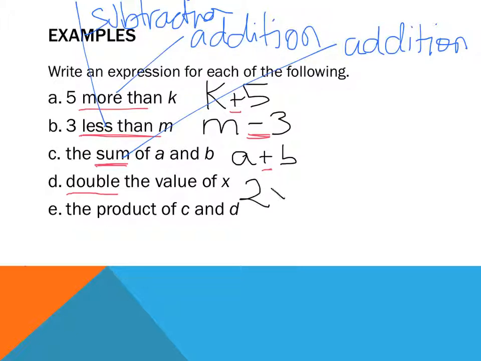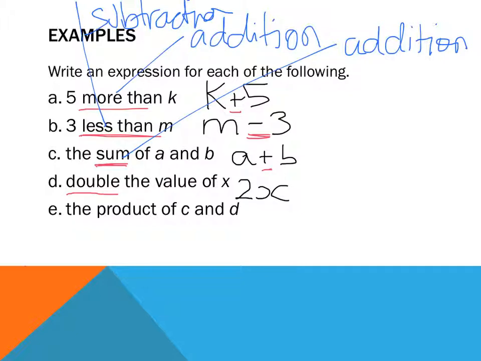So 2 times X. I really hope a few of you are sitting there at the moment going, oh, that's not right, that's not right. Because in your notes yesterday, you wrote that when you have multiplication in algebra, we no longer write 2 times X, okay? We simply write 2X.